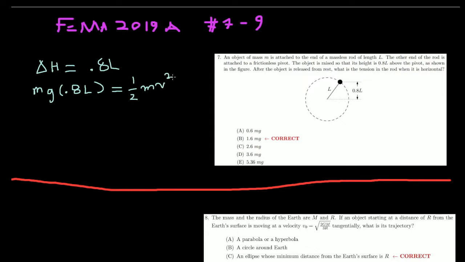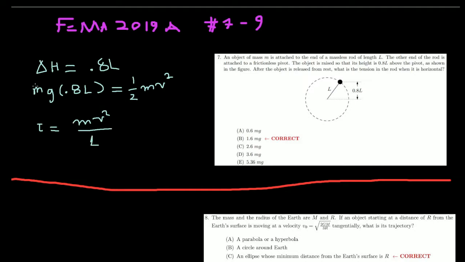Then from here we just need to find the tension, and the tension can easily be found using centripetal force. So we just do tension equals mv squared over r, or over L, because L is the radius.